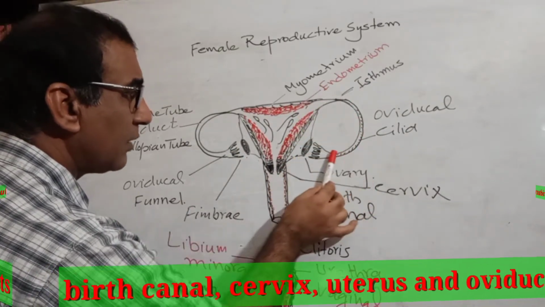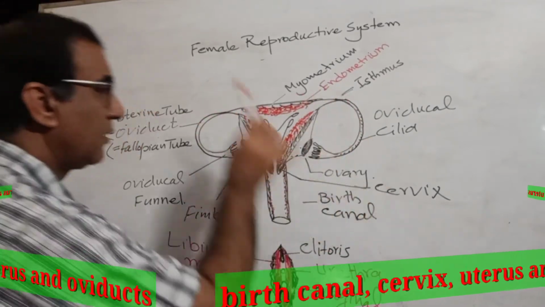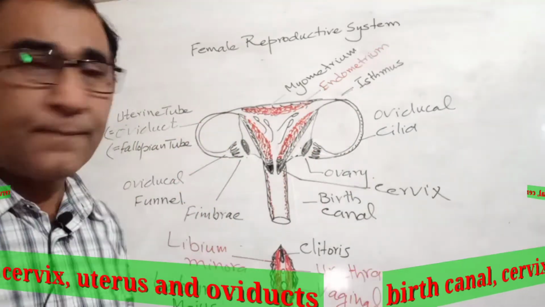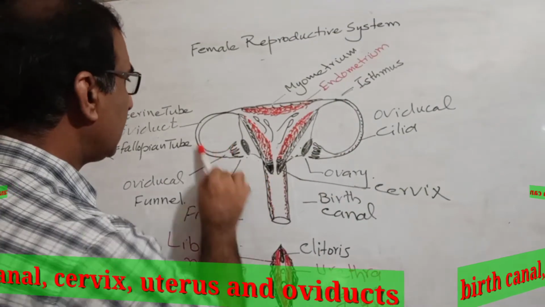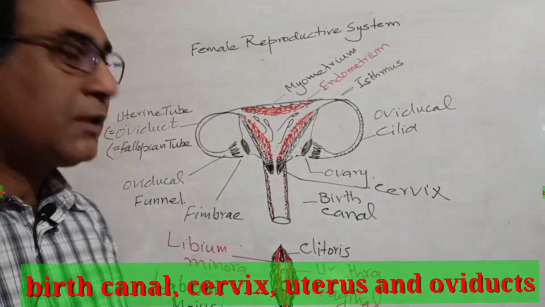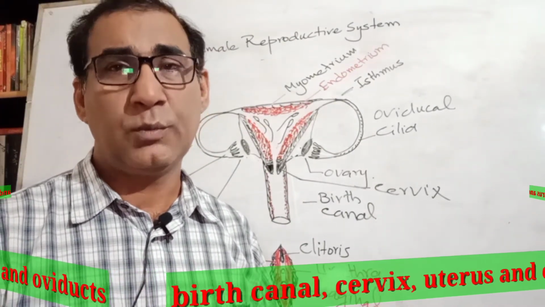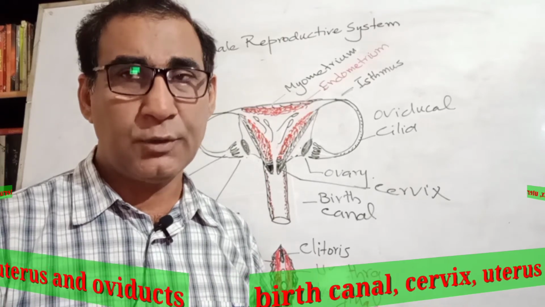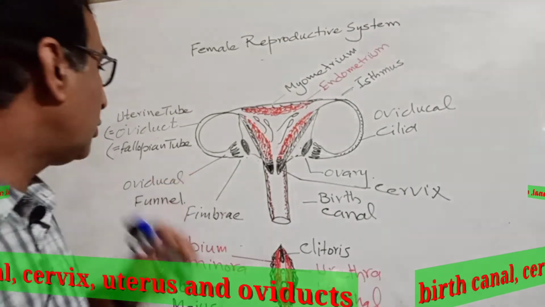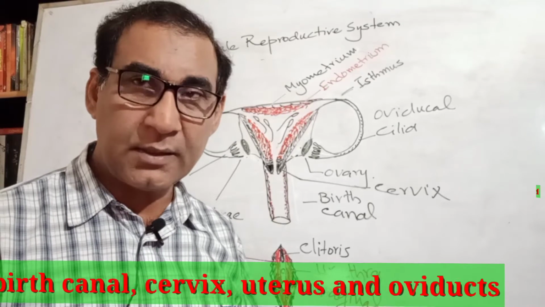On both sides, the uterus is connected with the right and left uterine tube. This is the uterine tube. The uterine tube is also known as the fallopian tube. Yet there is another name given to this tube: oviduct.